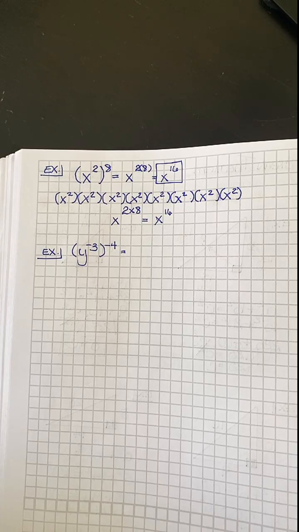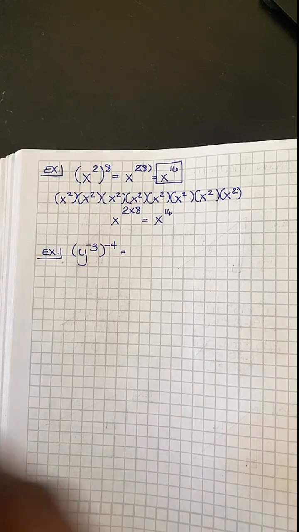Angela, Y to the 12. Good. Okay. I know for a second you saw the negatives and you're like, okay, I've got to flip.